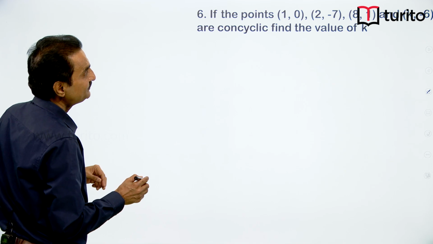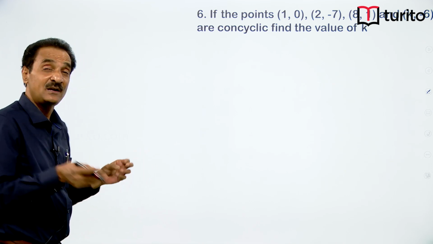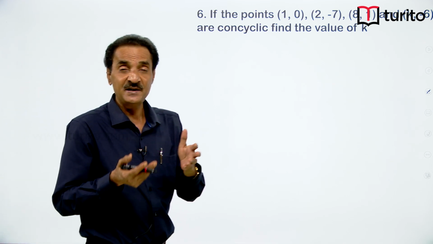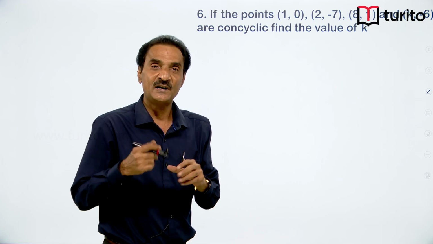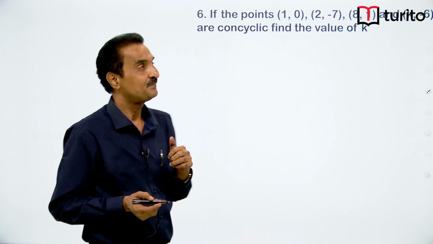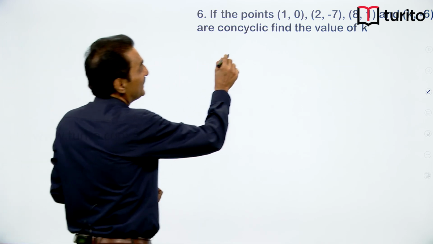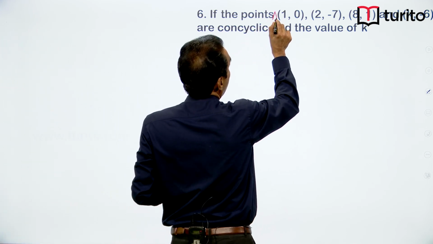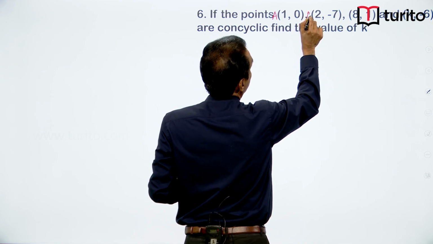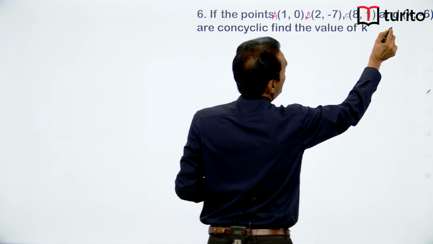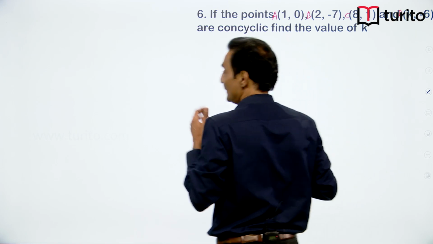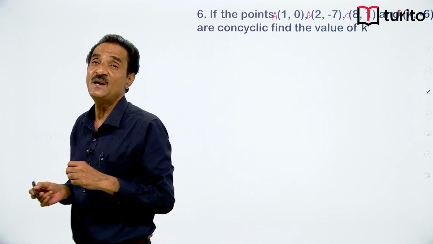Let us see. For finding the equation of a circle, I explained 3 methods. So, let us follow the third method. What is the third method? Taking the points as A, B, C, D. What is the circle with AB as diameter?